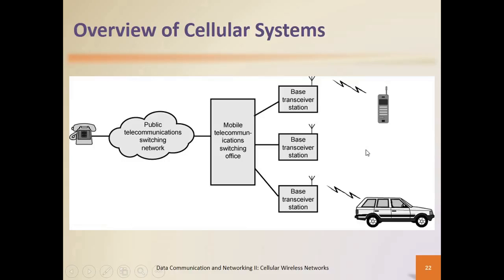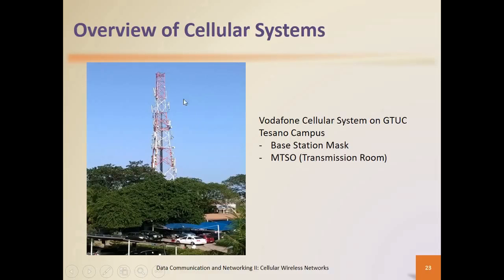Over here we have a picture of a base station with a bunch of transceivers on it. We have your antennas that form your transceivers, your microwave and radio devices, and a number of other devices.